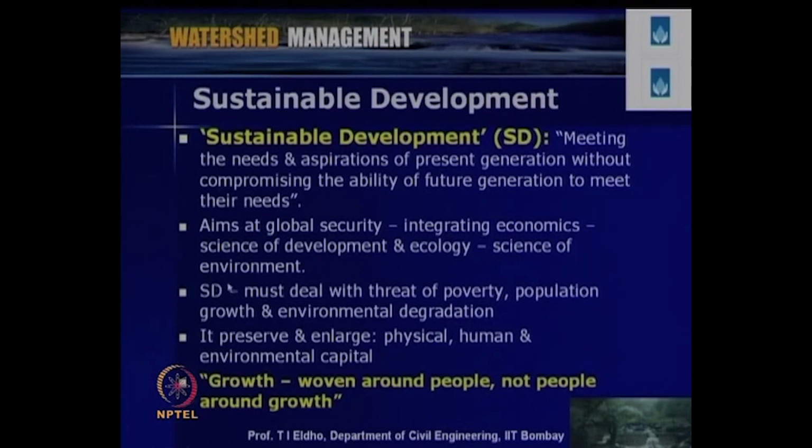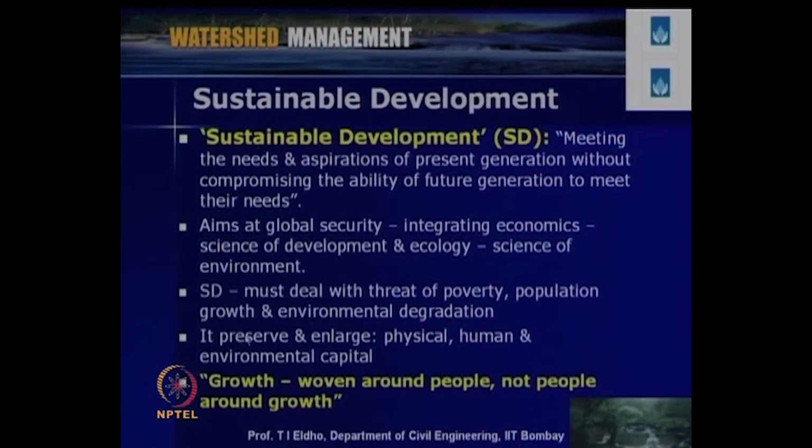Sustainable development must deal with the threat of poverty, population growth and environmental degradation. As you can see, in a country like India, we have a big problem of population growth. So, when we take watershed management as a holistic plan, we have to see how we can look into the aspects of population growth, and how we can deal with the threat of poverty.